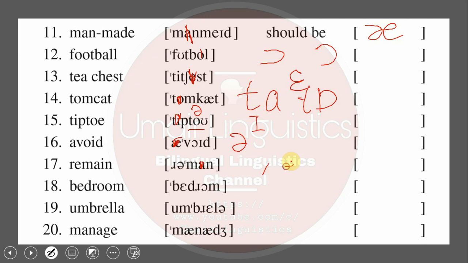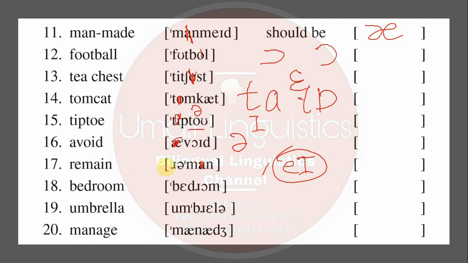The problem is here: we have to use a diphthong. This element which we were talking about in IPA is used as the first element of a diphthong. So instead of this sound it will remain. But if we follow the Oxford Advanced Learner Dictionary, as far as British or American English is concerned, it will be remain.